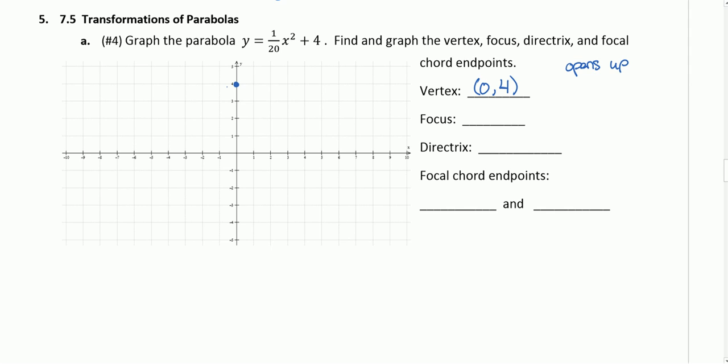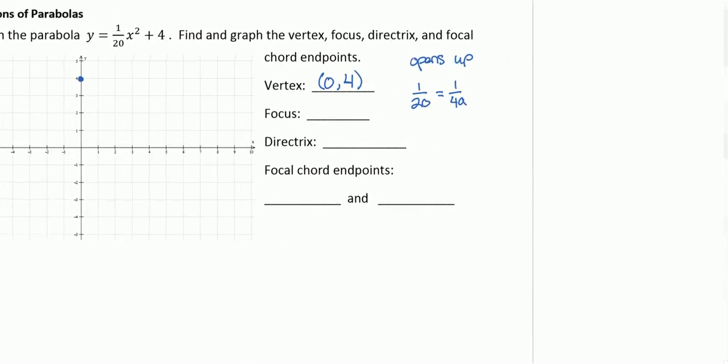And now I want to find the focus. We know that that number 1 over 20 is equal to 1 over 4a, where a is the distance from the vertex to the focus. So from that we can say, well, that means that 4 times a is equal to 20, and a is going to equal 5, because you divide by 4. So that's our distance from the vertex to the focus.